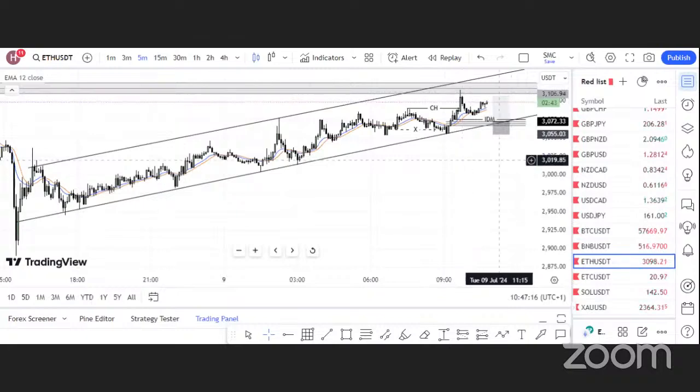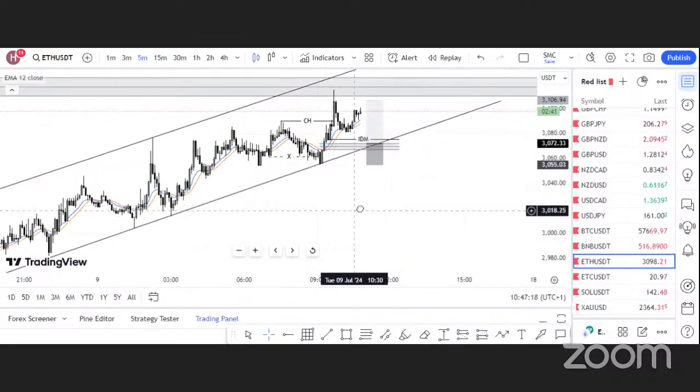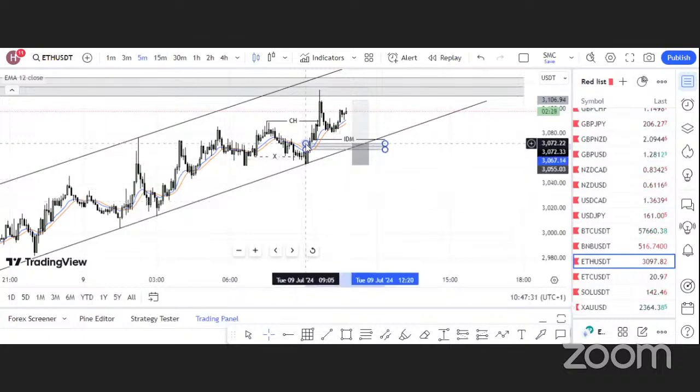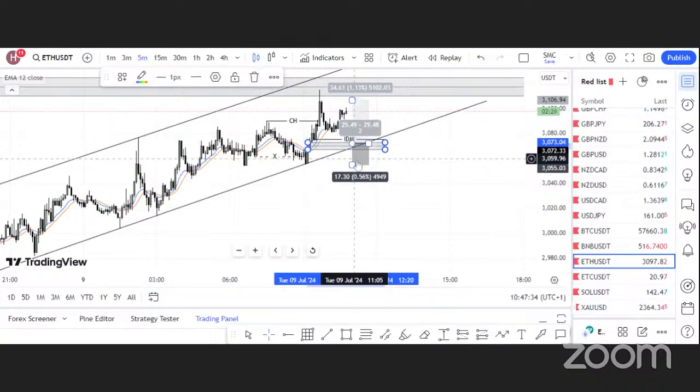All right. And then I expect the market to continue to move upward. But for this to happen, the market is going to come down to this level where we have a point of interest. Okay.